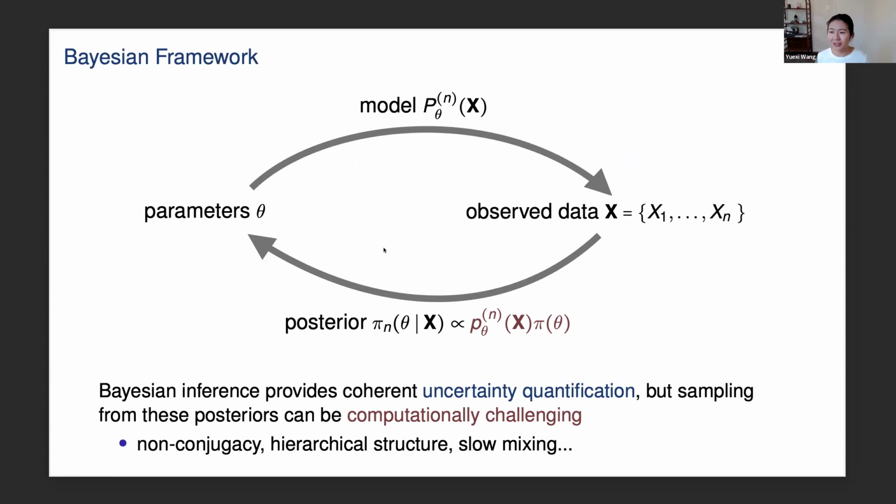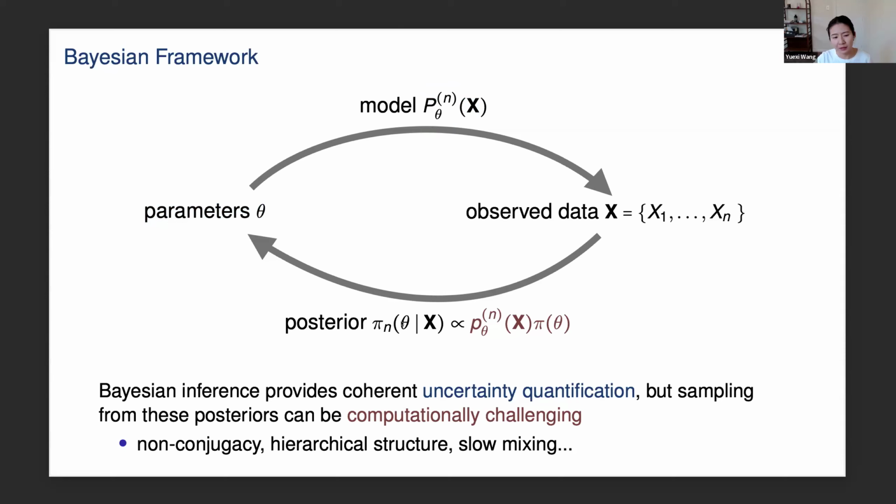So given the background of the audience, I will go light on the background. We focus on parametric models. The Bayesian framework assumes there's a true parameter behind the data generating process, say p theta n. After we observe n data points realized from this process, we update our beliefs about the potential location of this true parameter.